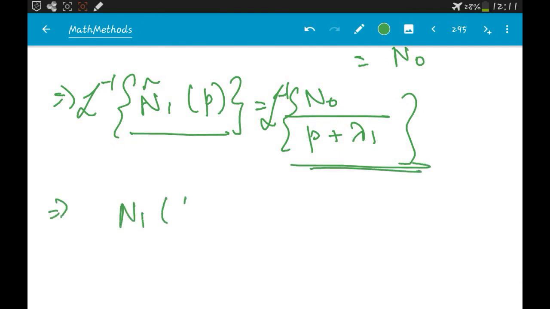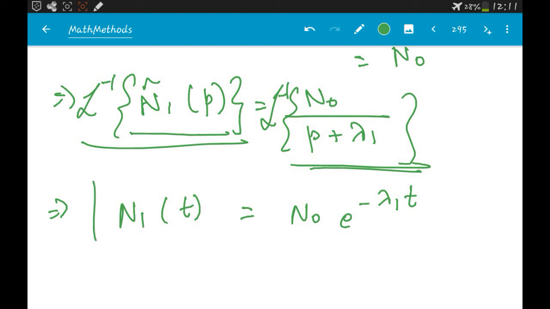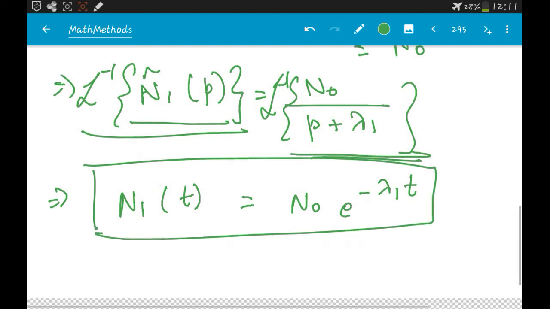You will get back n1 of t from here. Here n naught is constant and the inverse of 1 by p plus lambda 1 is e power minus lambda 1 t. So this is your solution for n1 of t.